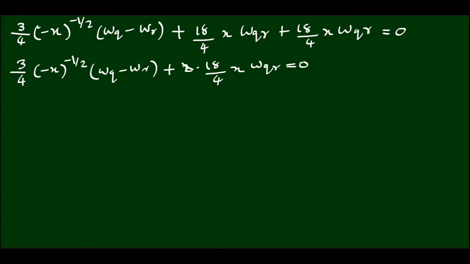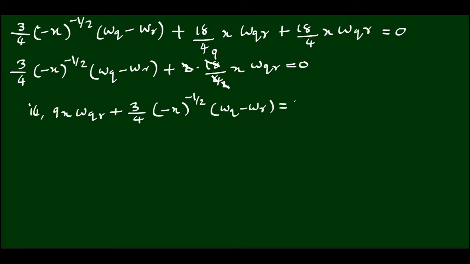We can cancel 2 and 4 and 18 and 2. That is, we have got 9x wqr plus 3 by 4 minus x raised to minus 1 by 2 into wq minus wr equal to 0.